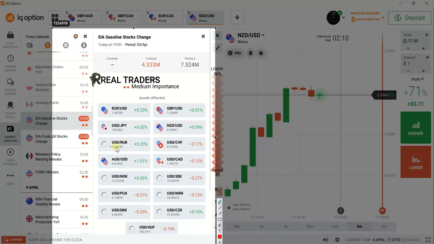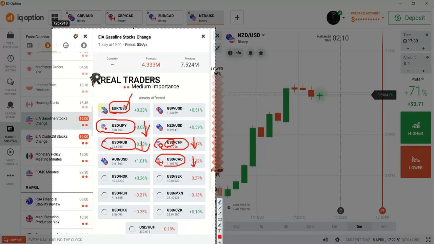So the USD will decrease, so the USD JPY will decrease, the USD CHF, USD RUB, all the pairs where the first currency, the measure, is USD will decrease. But the pairs where the USD is in the second place, like Euro USD, you can see USD is in the second place.